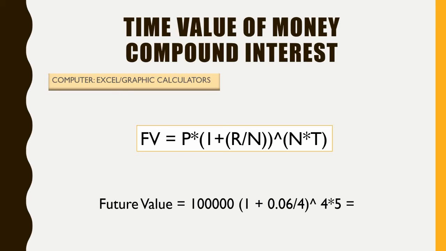Those parentheses are very important that you have in there because if you don't have them, Excel is just going to calculate it as it sees it. It's going to calculate P times 1 plus R, and then it doesn't know what to do with N. It's going to divide the whole thing by N, which is not what we want. We don't want 1 plus R divided by N. We want 1 plus parentheses.